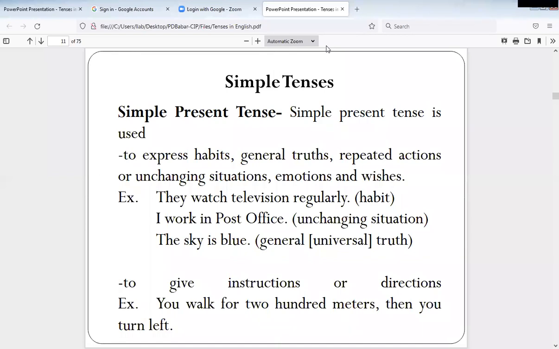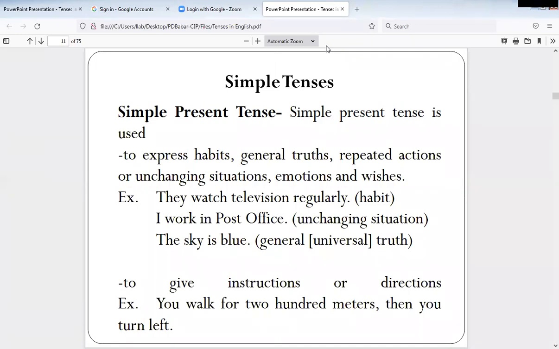These are universal objects, universal truths, universal things that we can't control. So that is why the sky is blue. We can't change its form or its color. It is universal, and that is why it is called a universal truth.